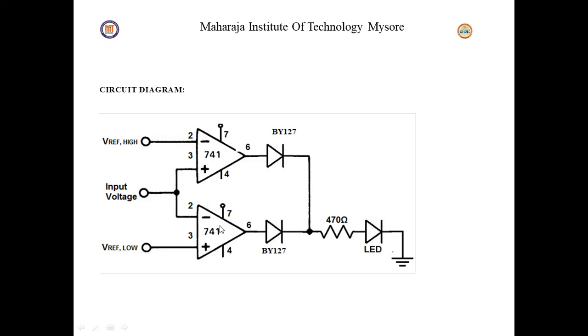When Vin is greater than VLT and greater than VUT, D1 is forward biased and D2 is reverse biased, and the output is plus Vsat.